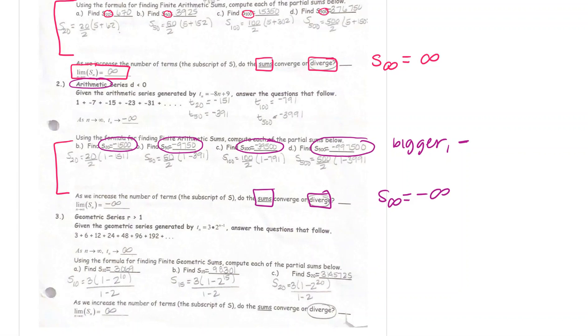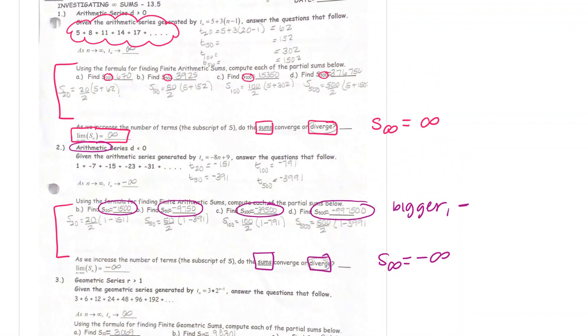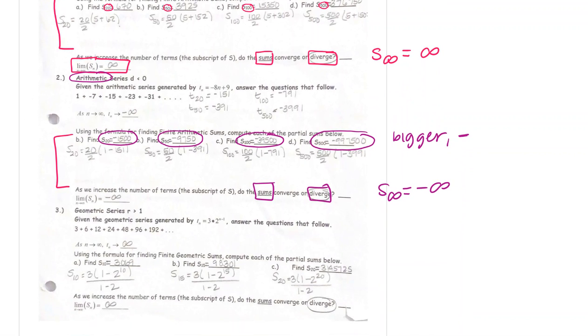What you should notice in both of these arithmetic cases is that the terms are also diverging. Let's just look at number 2. The terms are just getting more and more negative. So it makes sense that the infinite sum would also just continue to get more and more negative. So what happens to an infinite sum depends on what the terms do.